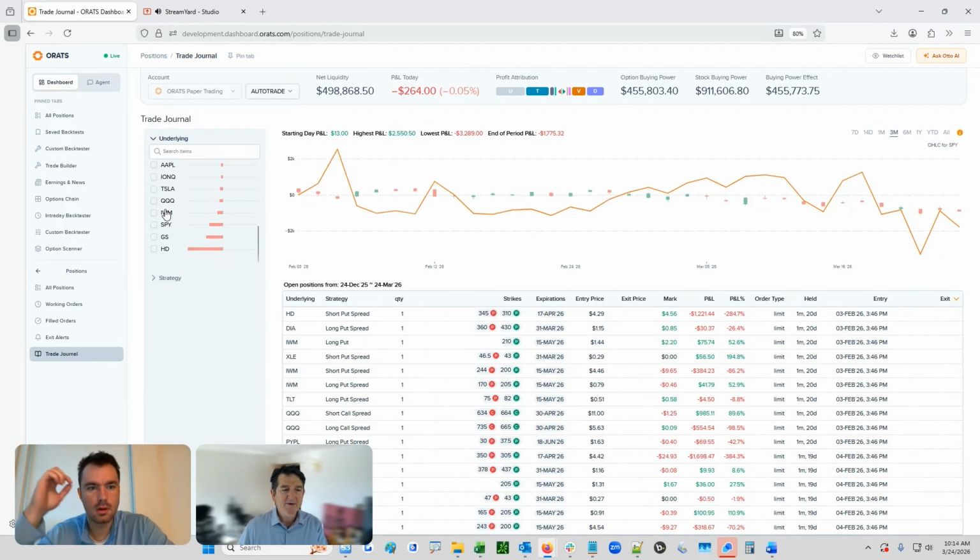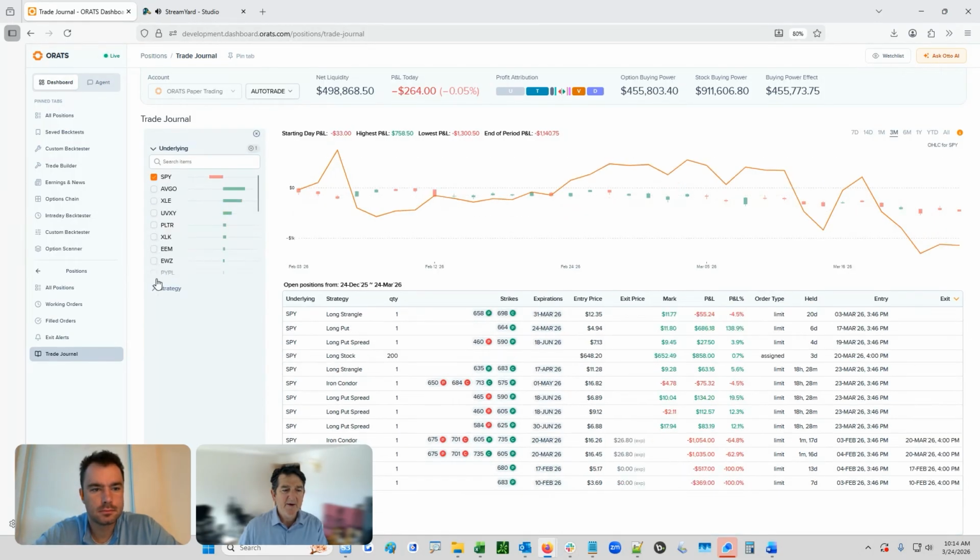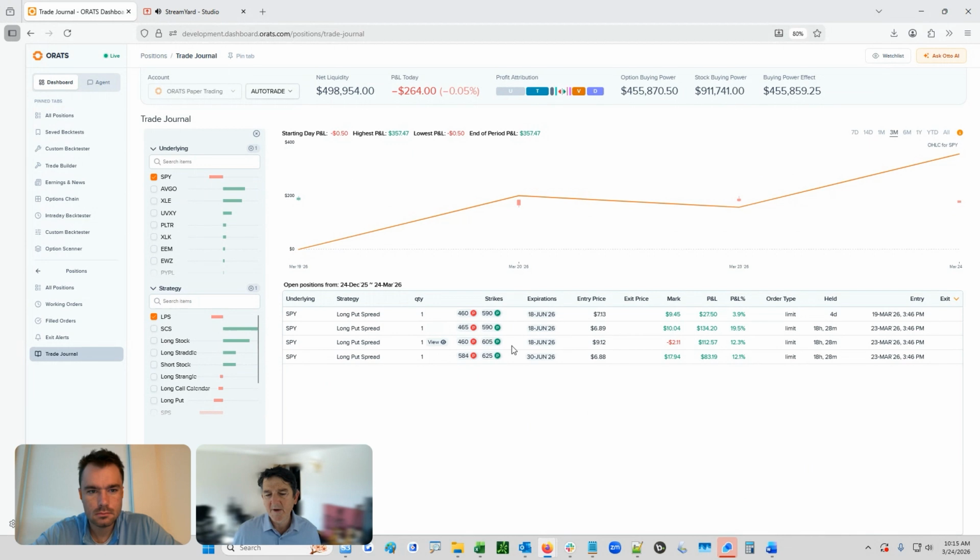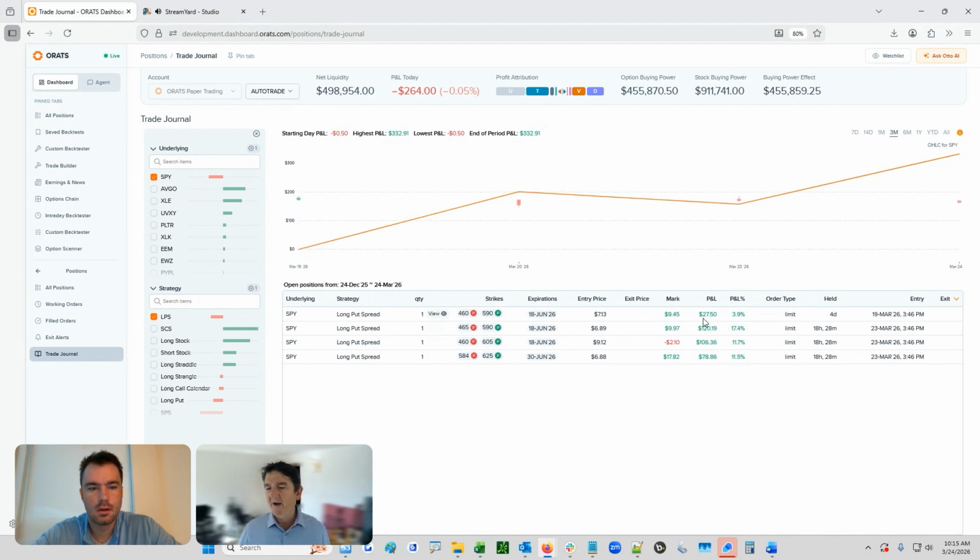I could go down to SPY, and that will narrow the strategies. I could look at my long put spread and see these trades. So I could see how the P&L has looked, and when it got in, and when everything's gone.